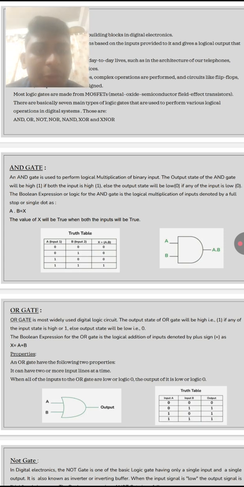If any of the inputs is low 0, then the output is low. The Boolean expression or logic of an AND gate is the logical multiplication of the inputs, denoted by a full stop or single dot. A into B is equal to X.